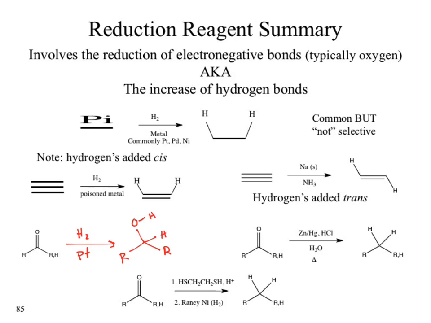If we go through and look at the two remaining reagents that are shown, what is special about those reducing agents? If we look at the zinc mercury one, we start with a carbonyl, right? What do we end with? An alkane. What happened to the oxygen? It's gone.